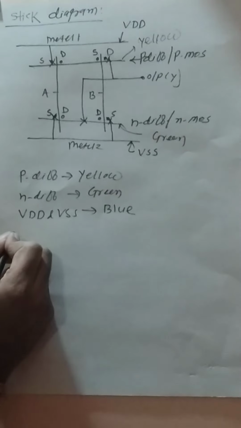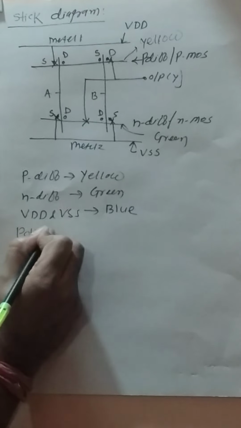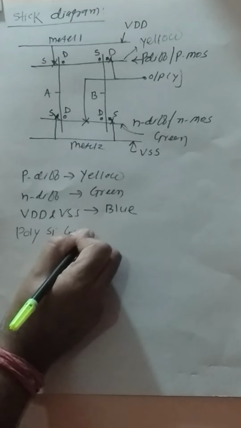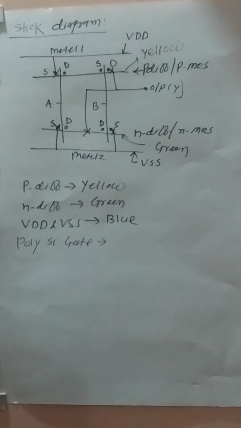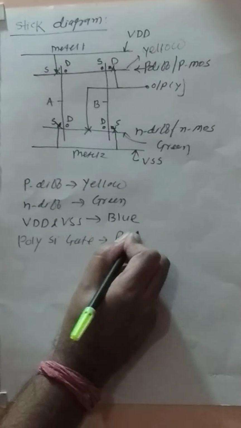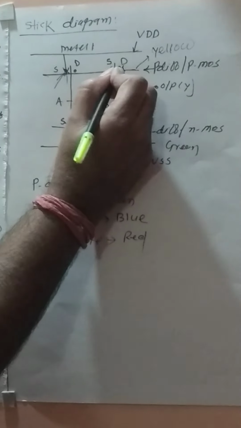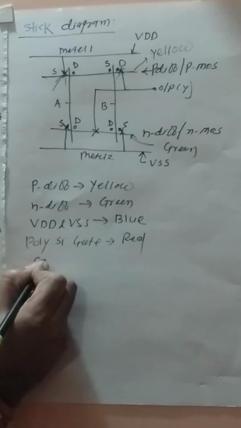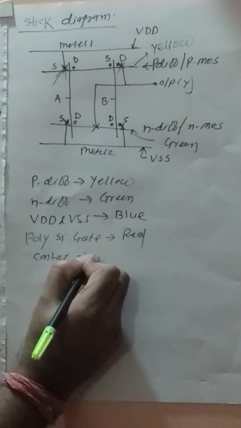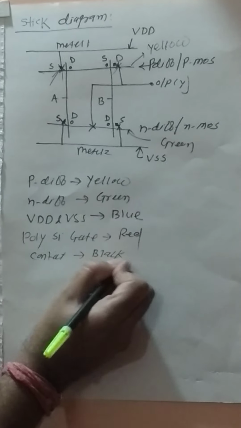And the polysilicon gate, this A and B are the polysilicon gate, represented by the red color. And all the contacts, this contact is represented by the black color.